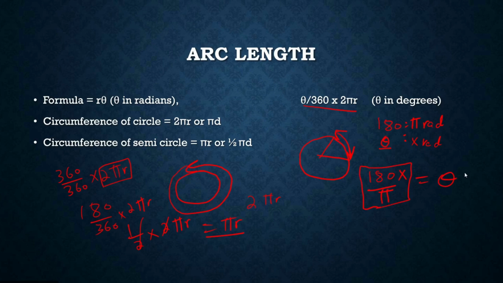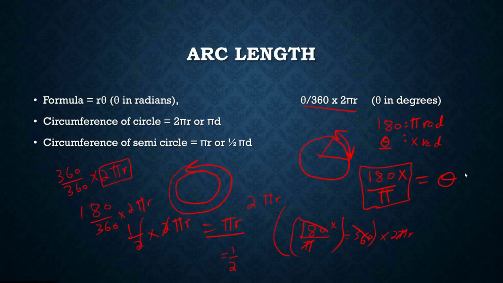Now if you input this into the formula, which is 180x over pi divided by 360 into 2 pi r, you can just cut it out. 180 and 360 will be cut out, so this gives me 1 over 2, and you can also cut pi and pi out.